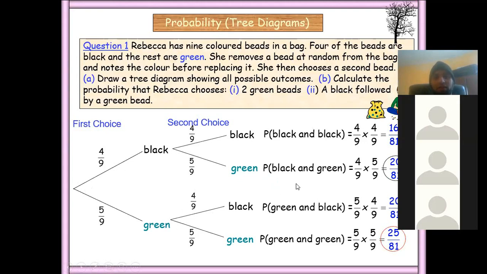But they're saying a black followed by a green, which means the green one comes first and the black one comes second. So it's this one. If they asked you for black and green, you'd get both of these and you'd add them together because they're on different branches. Hope that makes sense, guys.